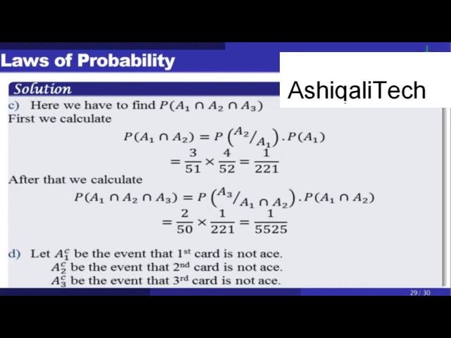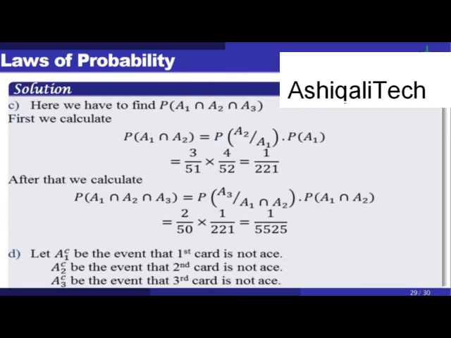Dear students, coming back to part 3, here we have to find the probability of A1 intersection A2 intersection A3, that all the 3 cards are aces. First we calculate probability of A1 intersection A2, and this is given by probability of A2 given A1 times probability of A1. So the first probability is 3 by 51 and the second probability is 4 by 52. Therefore we get 1 over 221.